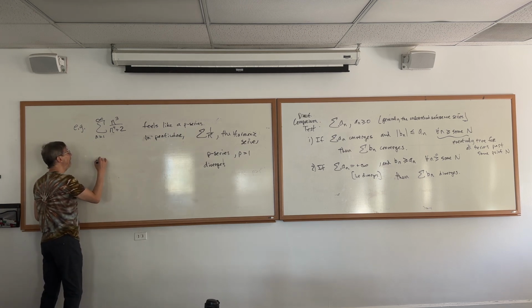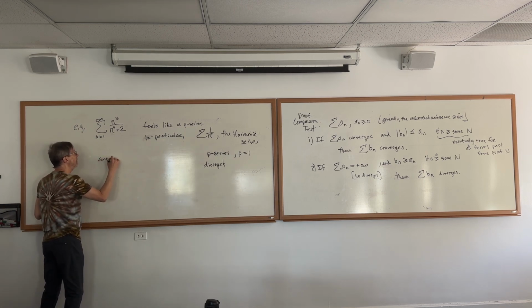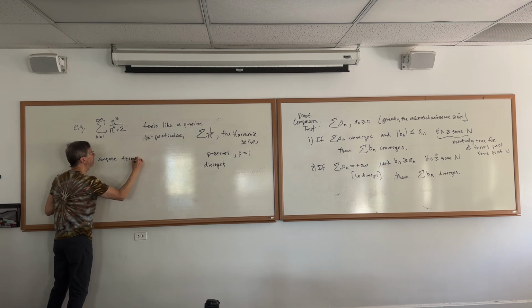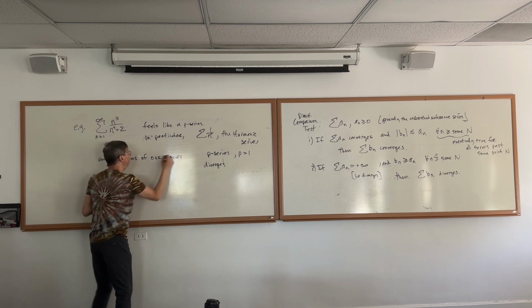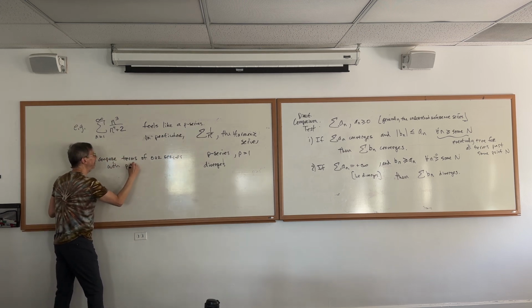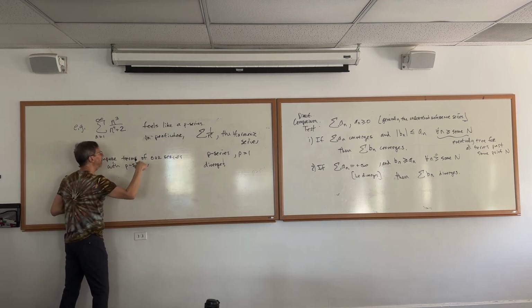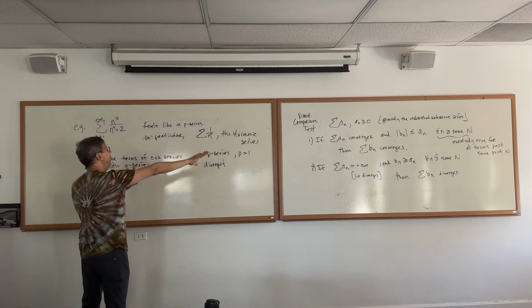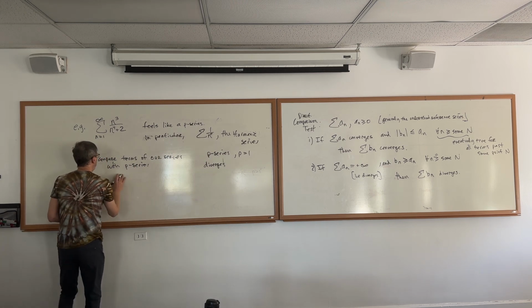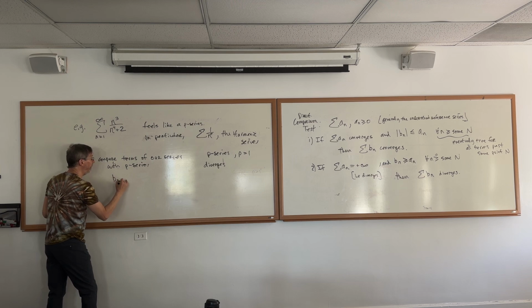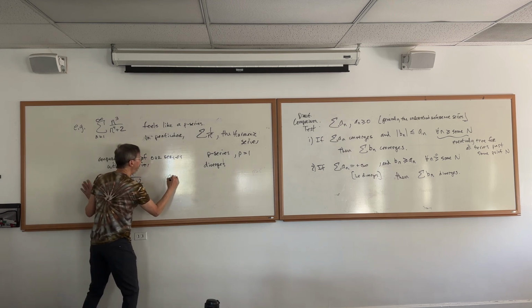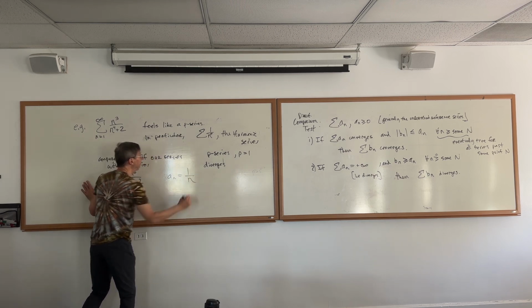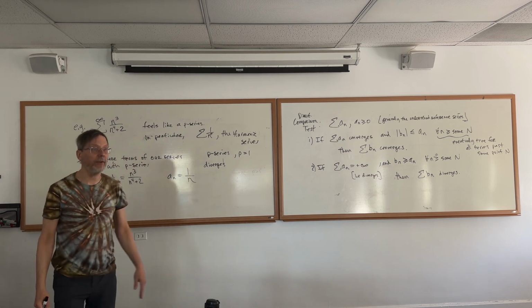So let's compare the terms of our series with the P series. And you can't just say it's like this. You need to be precise. We need to actually show some things here. So for us, the B sub n's are the things we're given, and the A sub n's are the terms of the P series.